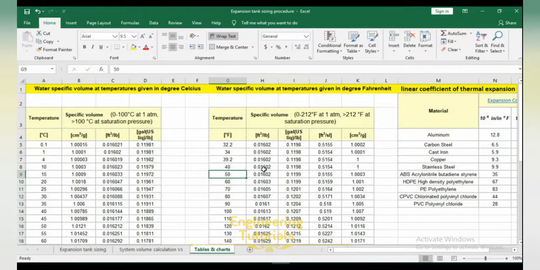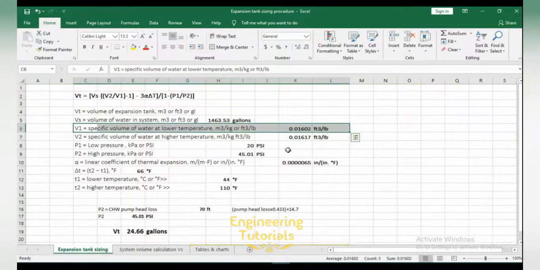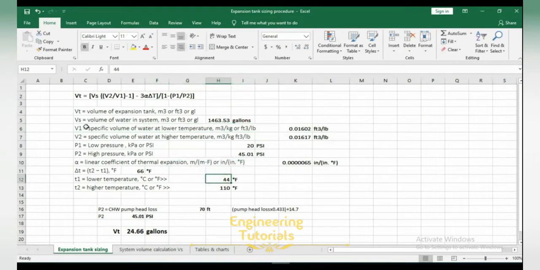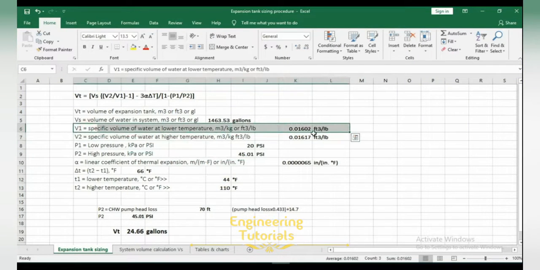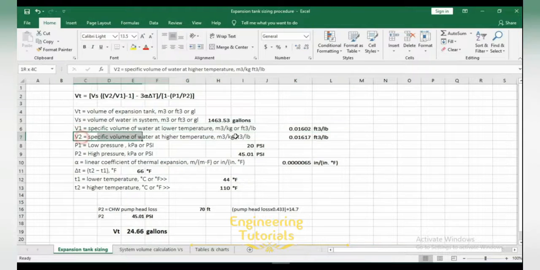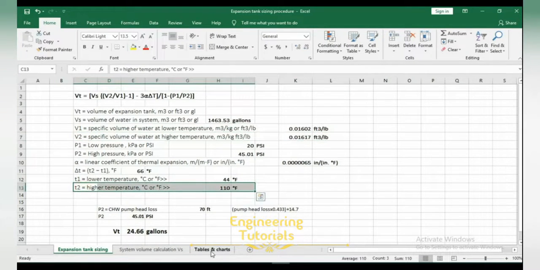So we can take this value at 44 degrees Fahrenheit, that is 0.01602 cubic feet per lb. So at 44 degrees Fahrenheit we have a specific volume of 0.01602 cubic feet per lb, and now the specific volume of the water at the higher temperature, the ambient temperature of 110 degrees Fahrenheit.